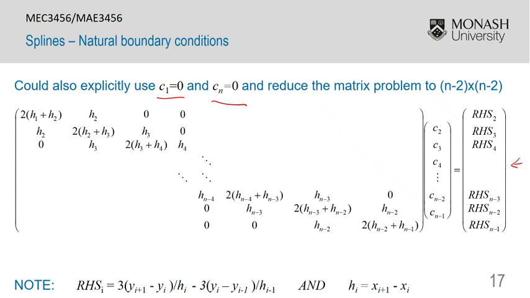Again, the right-hand side will be equal to the same thing as before. Whilst you can do this, there are certain advantages to keeping the system as an n by n system, in case, for example, you want to make your algorithm generic. In other words, it will handle clamped conditions, it will handle natural conditions, or a mix of both. But you can do it either way.